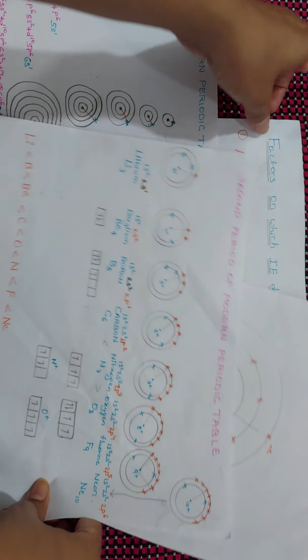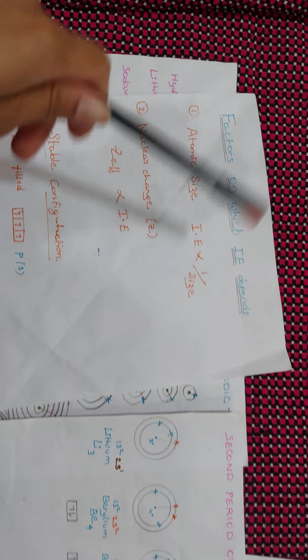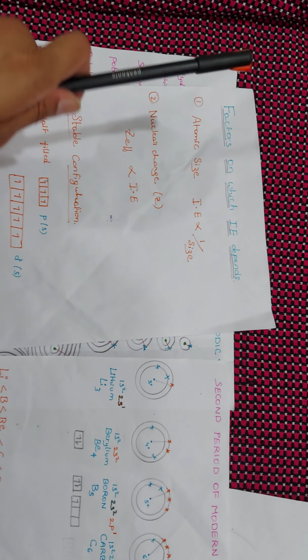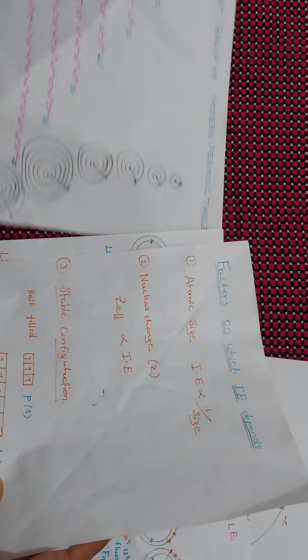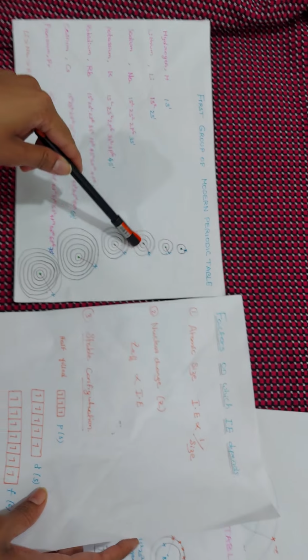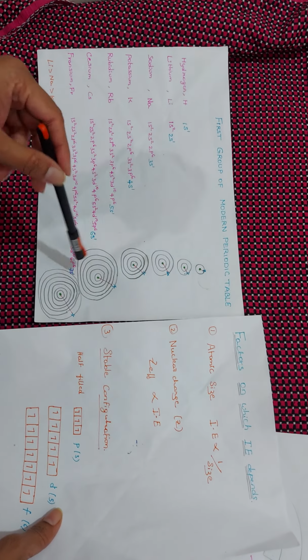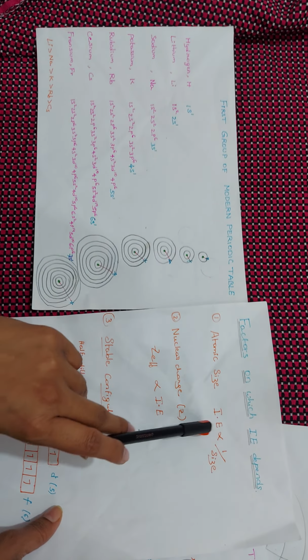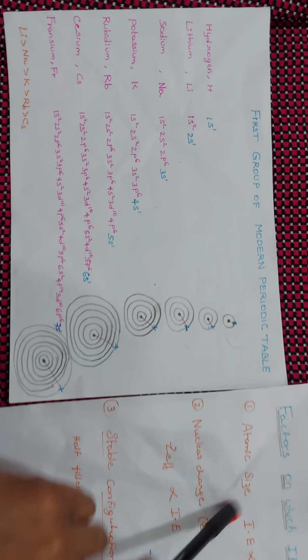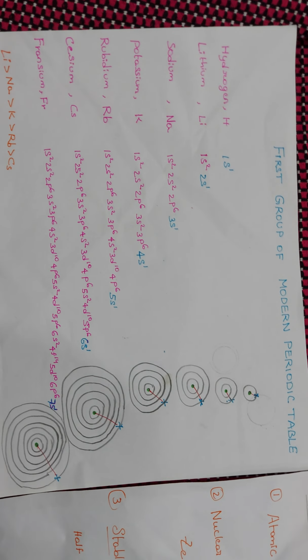So I already mentioned a few factors affect the ionization energy. One is atomic size. Based on atomic size, it is increasing as we go down the group. So we can say the ionization energy is decreasing, as these two are inversely proportional.